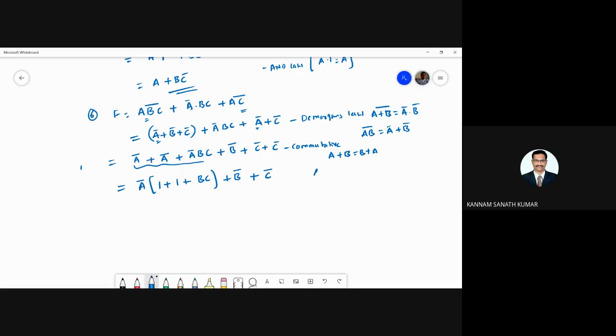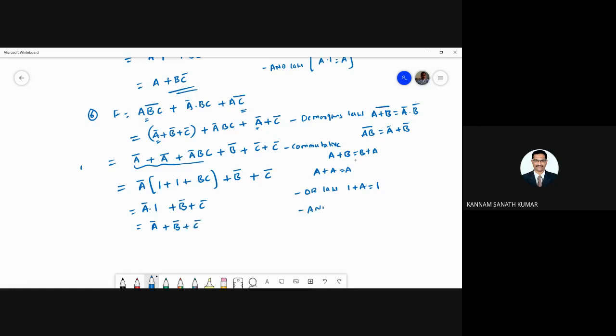You can write C bar once, because A plus A equal to A. So 1 plus something is nothing but 1, no? So A bar into 1 plus B bar plus C bar. This is by using OR law. What is OR law? 1 plus A equal to 1. And next, this is equal to A bar plus B bar plus C bar.